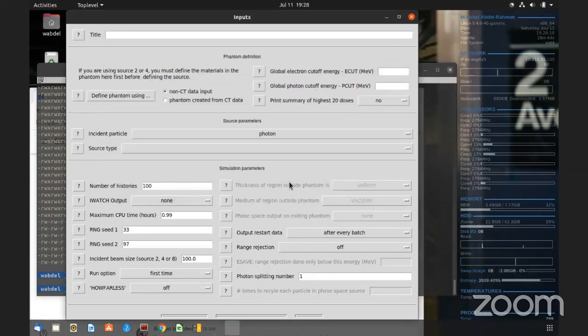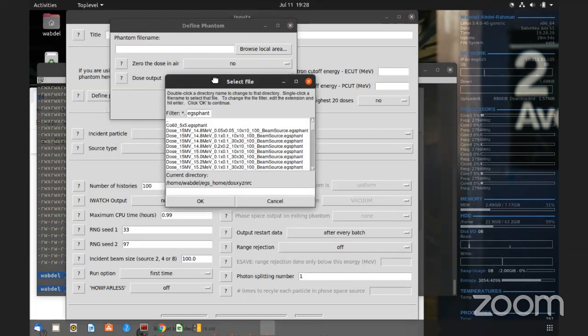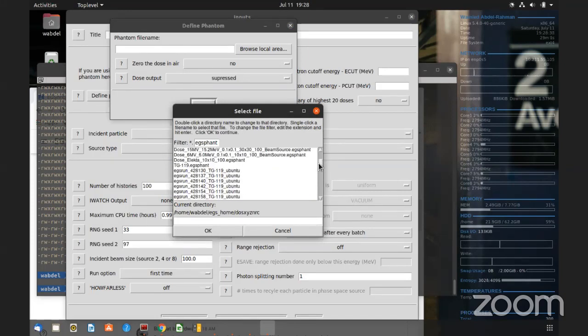Because the egsphant file is already there. So here I'm going to use, okay, I want to use a phantom created from CT data, and then I can actually use or browse, select that phantom. In our case, did we copy it? It should be there. Test, there it is, okay?